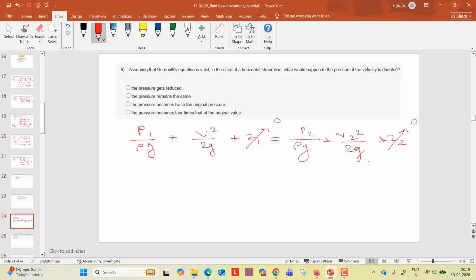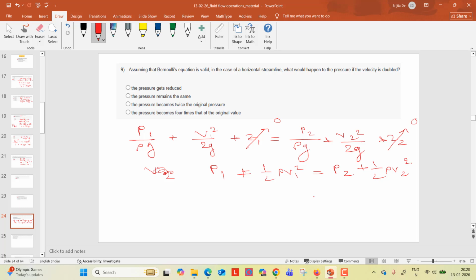What happens to the pressure if the velocity is doubled? So if v2 is greater than v1, P1 plus half rho v1 square equals P2 plus half rho v2 square.